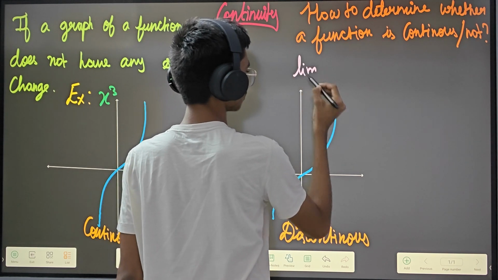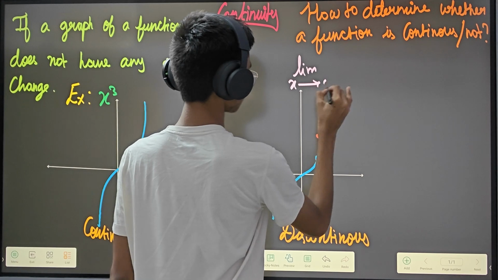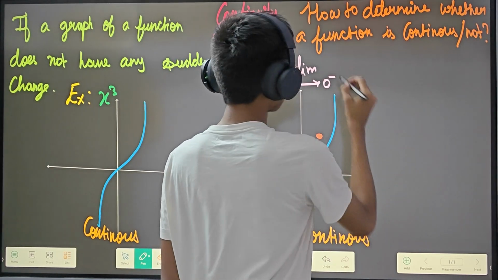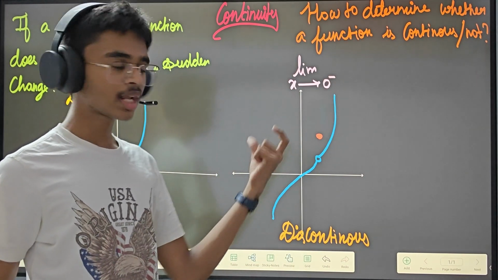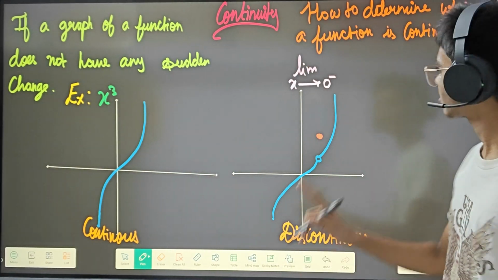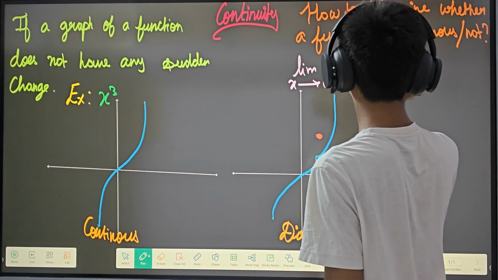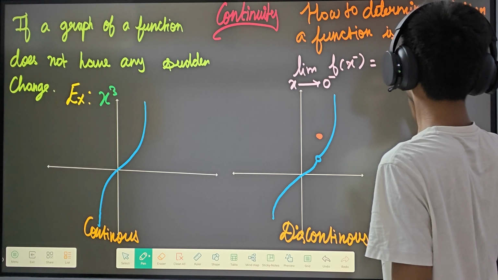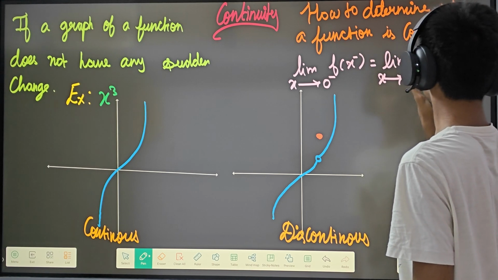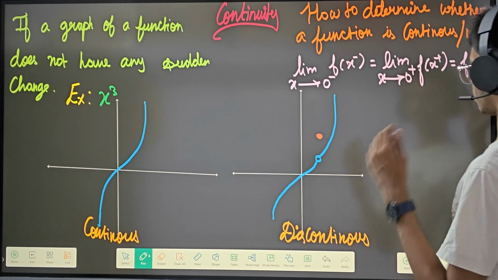Okay, limit x tends to 0 minus, which is the left hand limit. Okay, left hand limit should be equal to right hand limit, which should be equal to the function value. I know nothing makes sense, but I'll just write this. Okay, so limit as x tends to 0 minus of f of x should be equal to limit where x tends to 0 plus of f of x, which should be equal to f of 0.